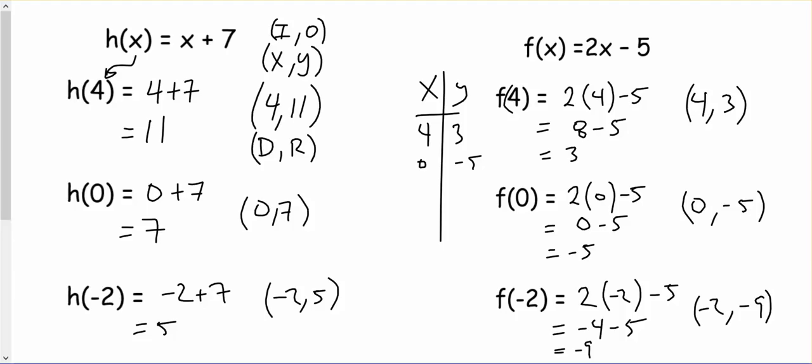When x is negative 2, y is negative 9. And you'd be asked, okay, list your domain. Your domain would be 4, 0, and negative 2. Your range would be 3, negative 5, and negative 9.